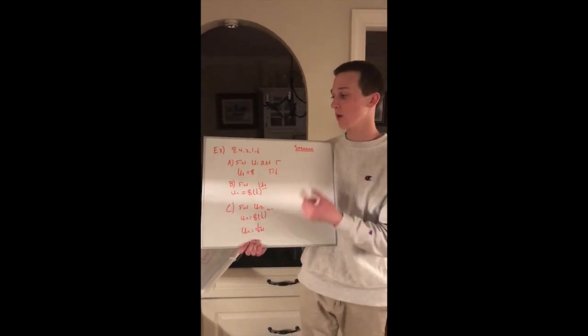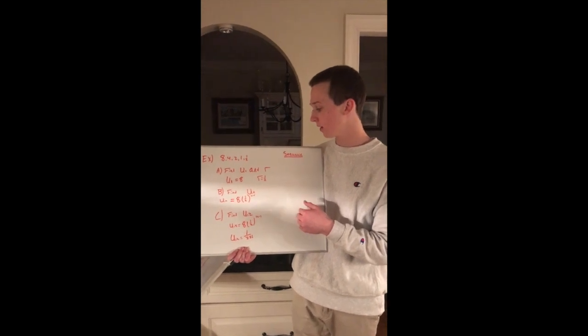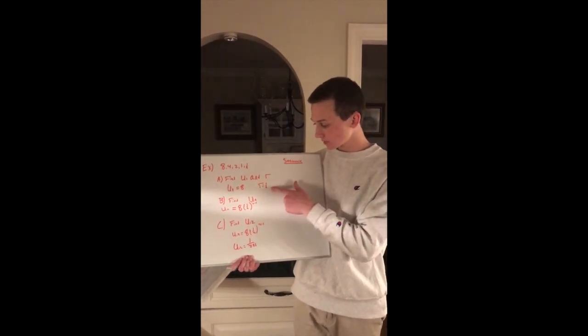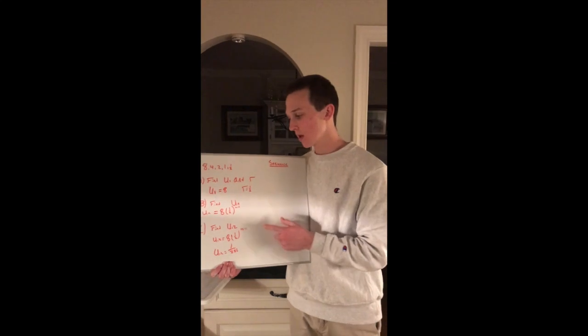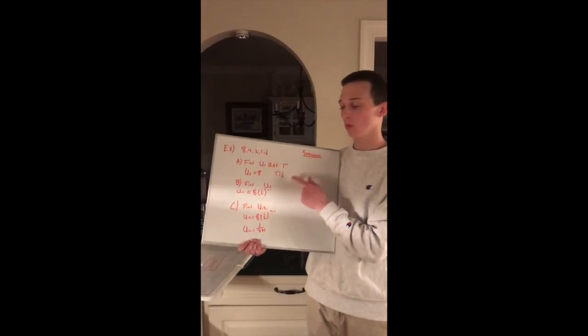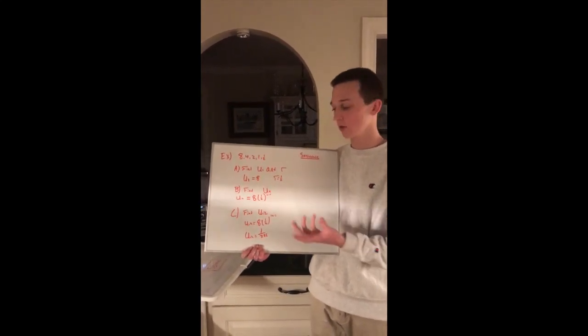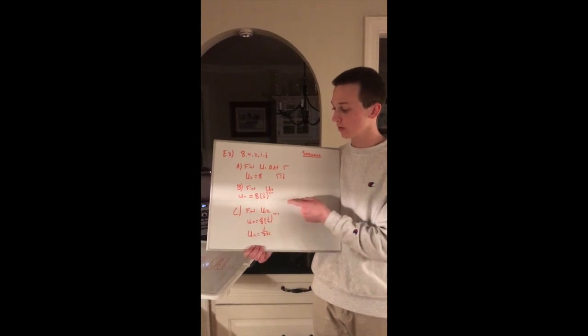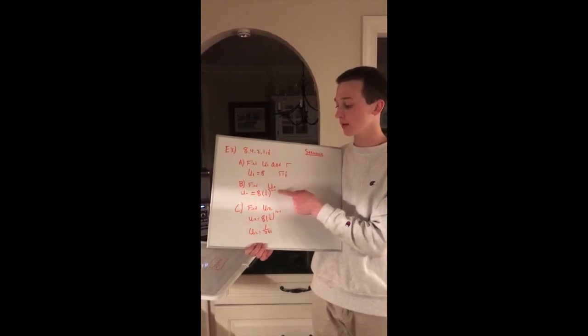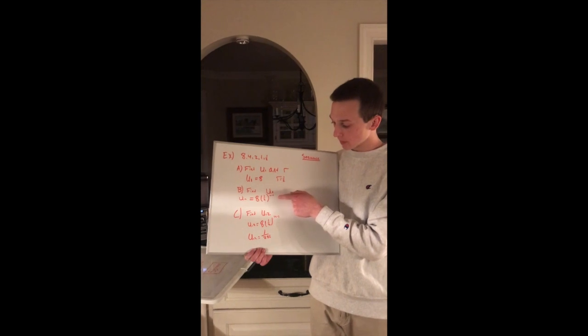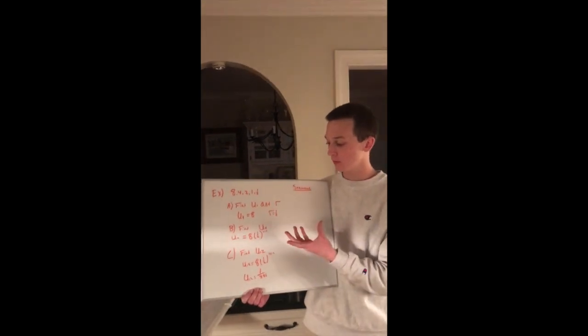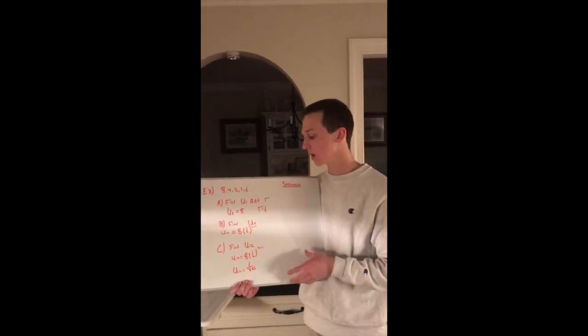And r is the ratio at which it goes down, so it's 1/2. And for b, we're looking to find u of n, which is just the general term. So u of n is equal to 8 times 1/2 to the r minus 1, r being 1/2 in this case.